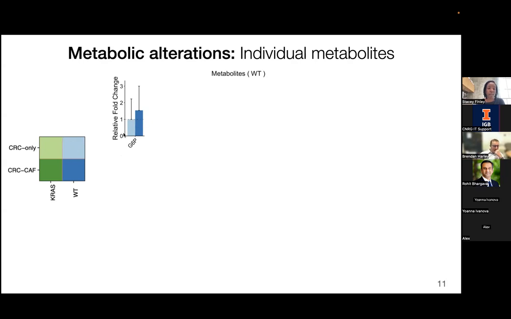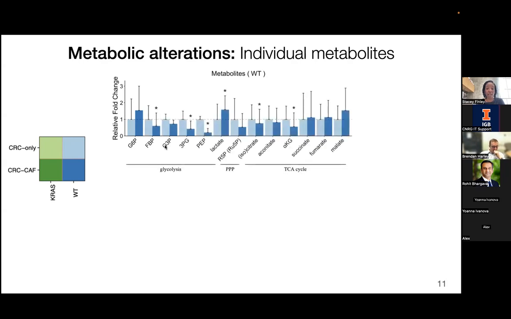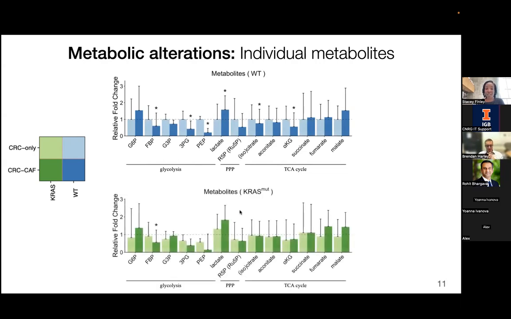And so we can look at what's happening for different species in glycolysis pathway, in the PPP, pentose phosphate pathway, and then also the TCA cycle. And so what you should take away from these two figures, whether we're talking about wild type cells or KRAS mutant cells, is that there's really no coordinated change in the levels of the metabolites for a particular pathway.